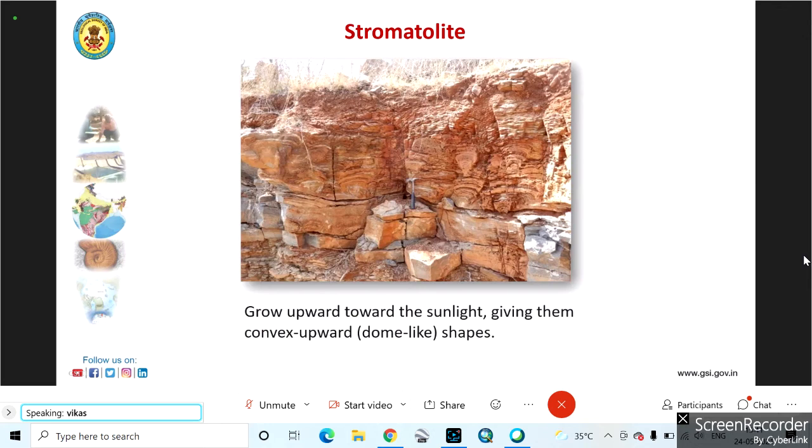If you're seeing a stromatolite in cross-section, you have to identify in which direction the broader part is. That side will be the younging upward direction. They used to get broader on the upper side because they move towards the sunlight. So you can apply stromatolites also as a structure which can define the younging upward direction. Next, please.